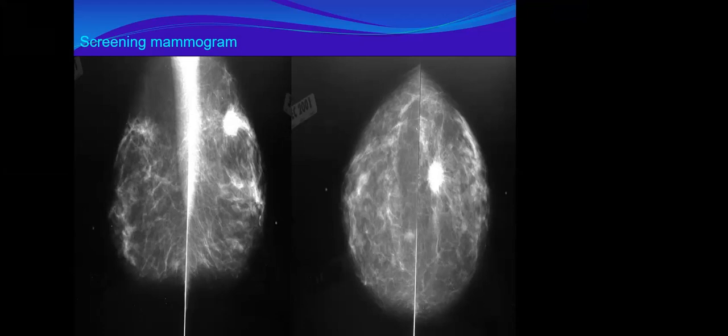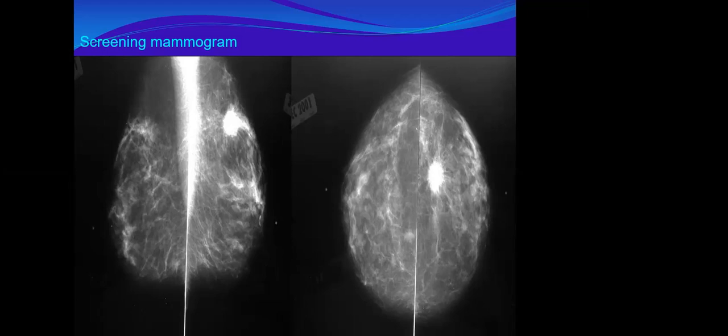Can you see any other abnormality? And pectoralis extension. Suboptimal, this is a very suboptimal study. But there is another abnormality, and it is very important, because this lecture is about asymmetry.